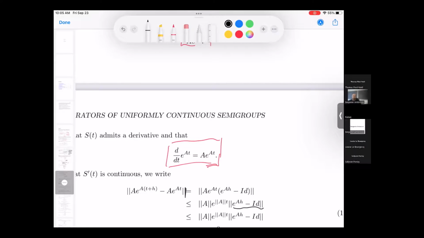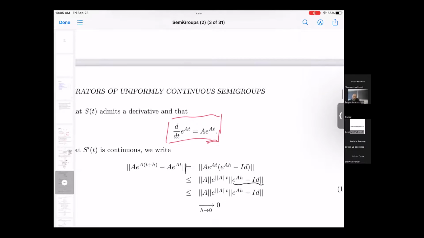But this one I know from the beginning. This is almost the first computation that we did. I know that exponential of Ah is converging to identity in the operator norm. And so we're done. This is going to 0. So we have proven that S(t) is of class C1 and that the derivative of exponential of At is A times exponential of At.